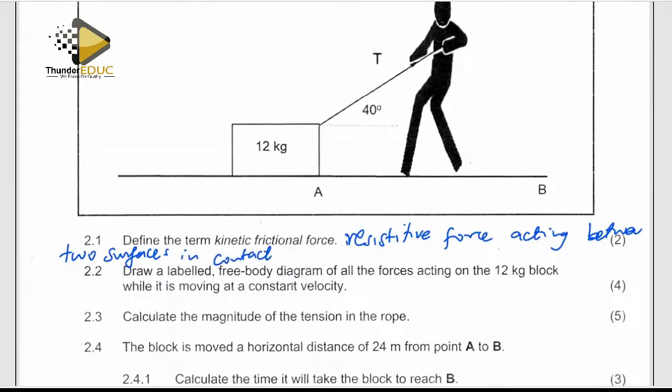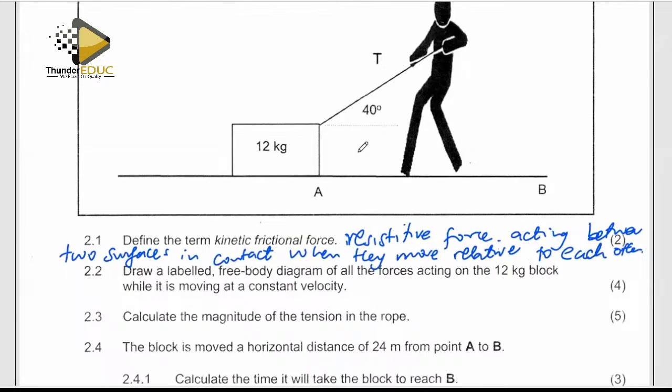So the surfaces need to be in contact and then they have to be moving relative to each other. So there has to be motion for us to have the kinetic friction force.